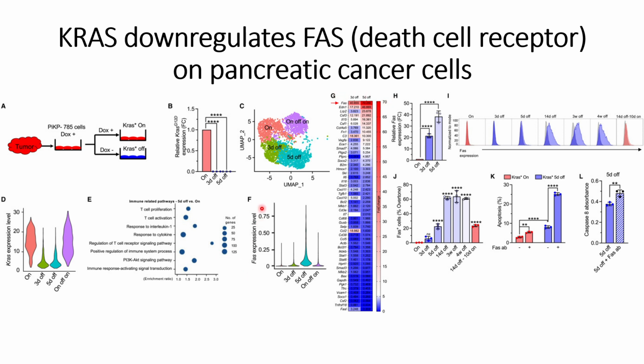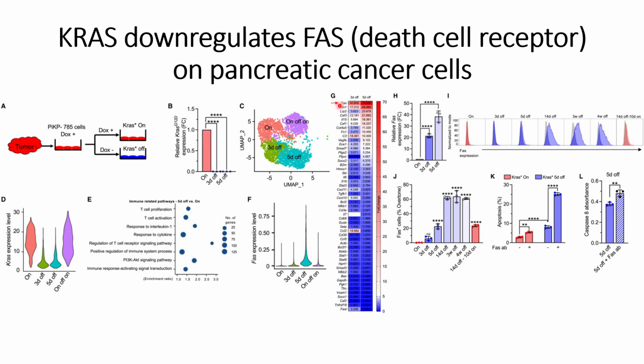Panel F is about FAS receptors when the KRAS mutations are on and off. Panel G shows more detailed data on which genes are upregulated when KRAS mutations are off at 3 days and 5 days.